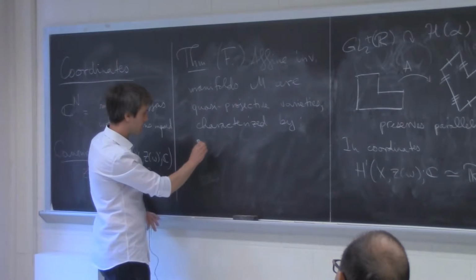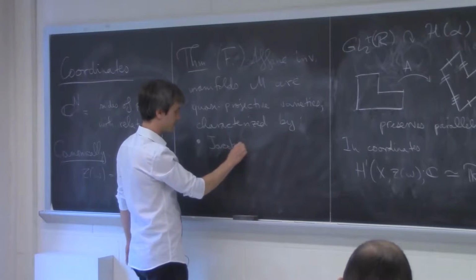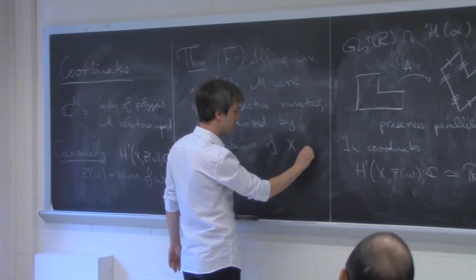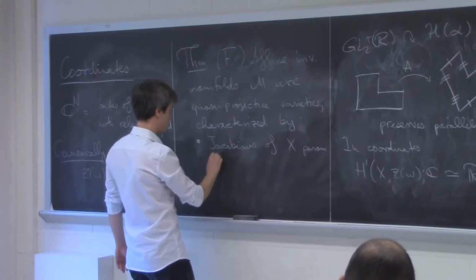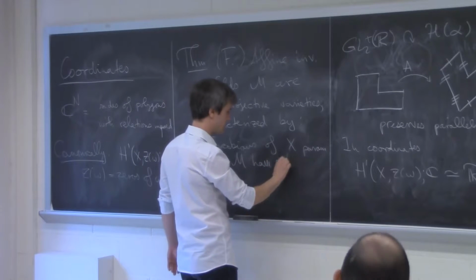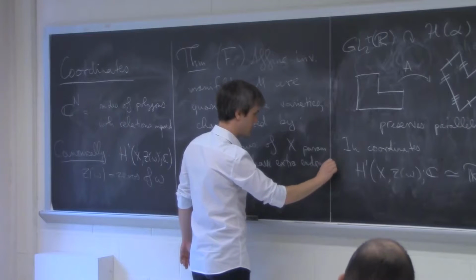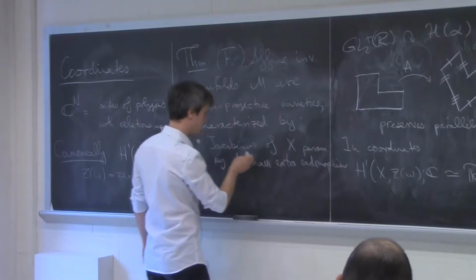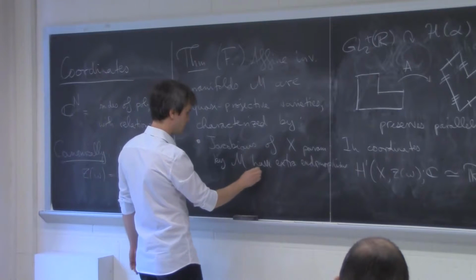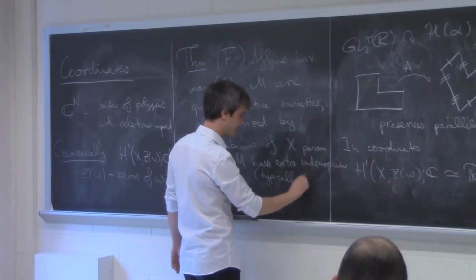So the first condition is that the Jacobians of these X parameterized by M have extra endomorphisms. If you don't know what the Jacobian of a Riemann surface is, I'll explain this in a minute. The typical case is something called real multiplication.